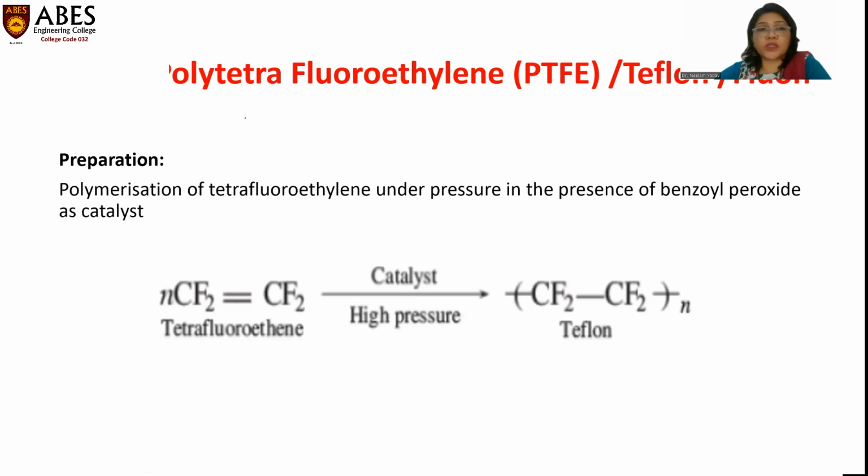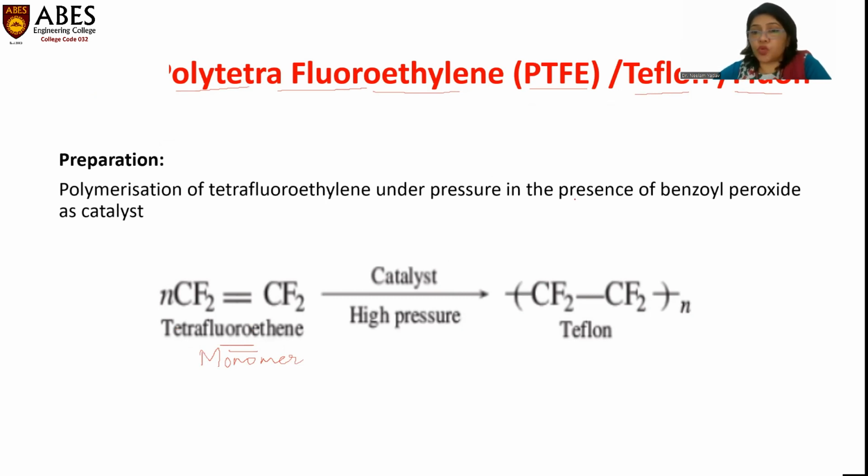Now, the next thermoplastic which we will be discussing is polytetrafluoroethylene. The short form for this is PTFE. It is also known as Teflon and Fluon. Here, the monomer used is tetrafluoroethylene. This is the monomer which is being used, in the presence of a catalyst.